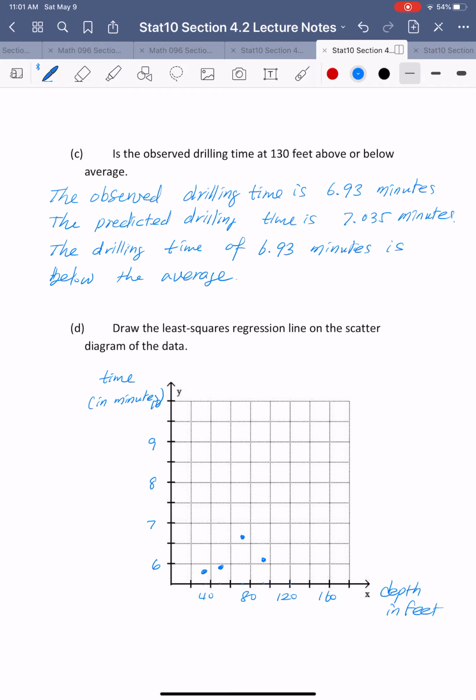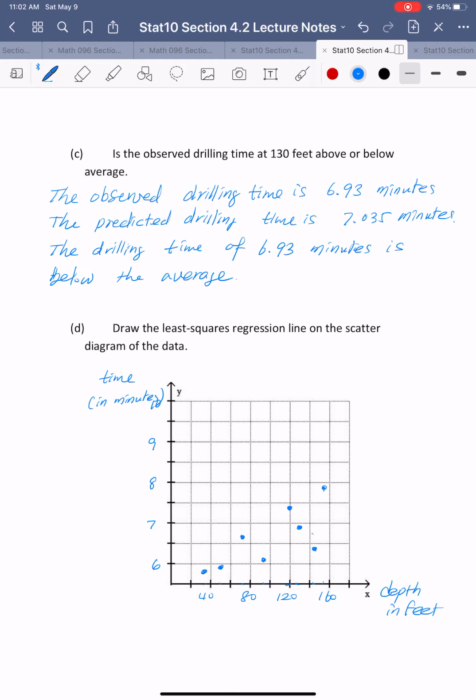And then 120, it's about 7.47. And then 130, it's about 6.93. And then 145, about here, 6.42. And then 155 is about here, 7.97.